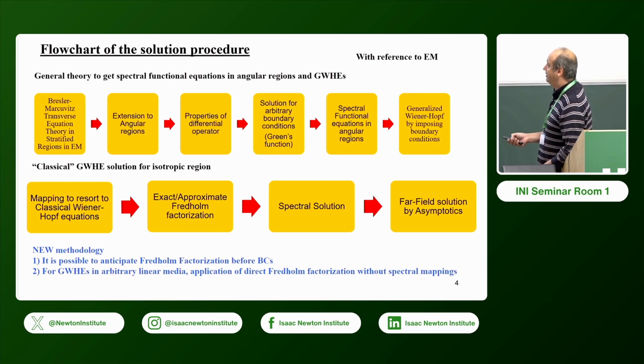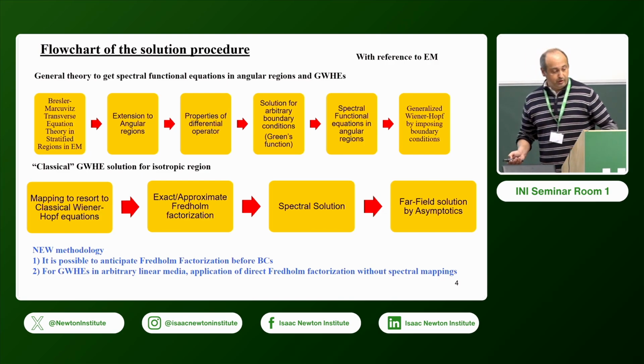Then in the classical isotropic problem, we can use a mapping to modify the generalized Wiener-Hopf equation to a classical Wiener-Hopf equation. We can use exact or approximate factorizations to get a spectral solution and then apply asymptotics.